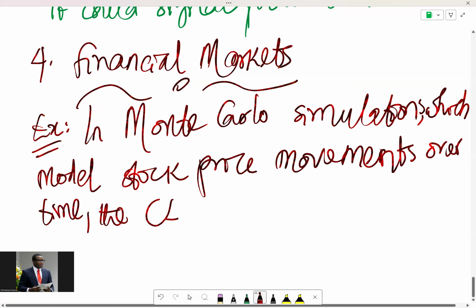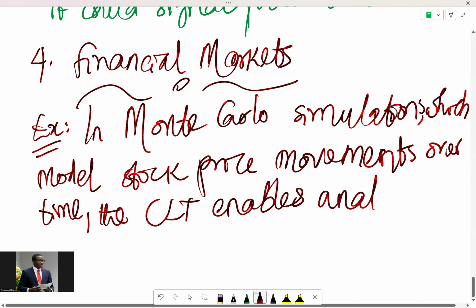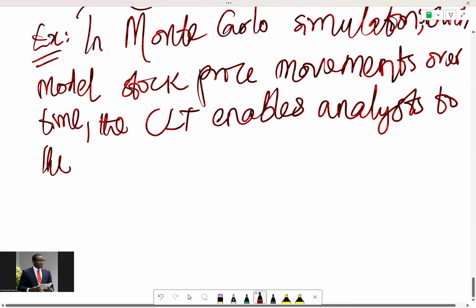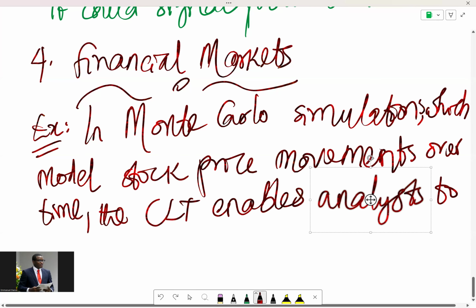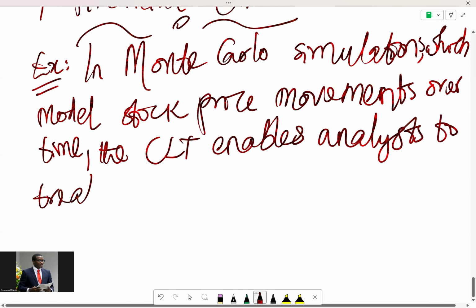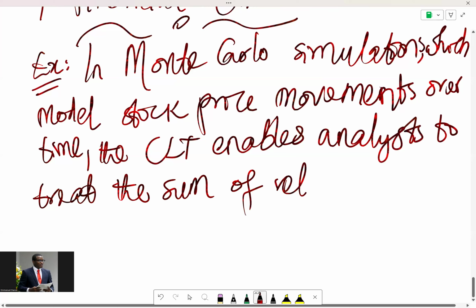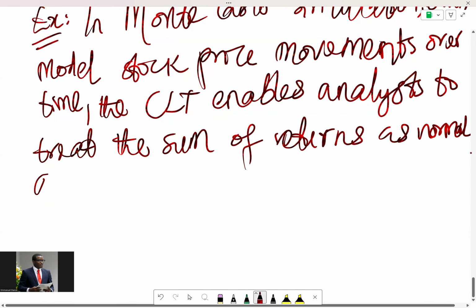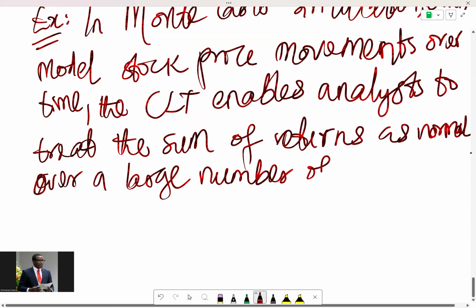The central limit theorem enables analysts to treat the sum of returns as normal over a large number of simulations.